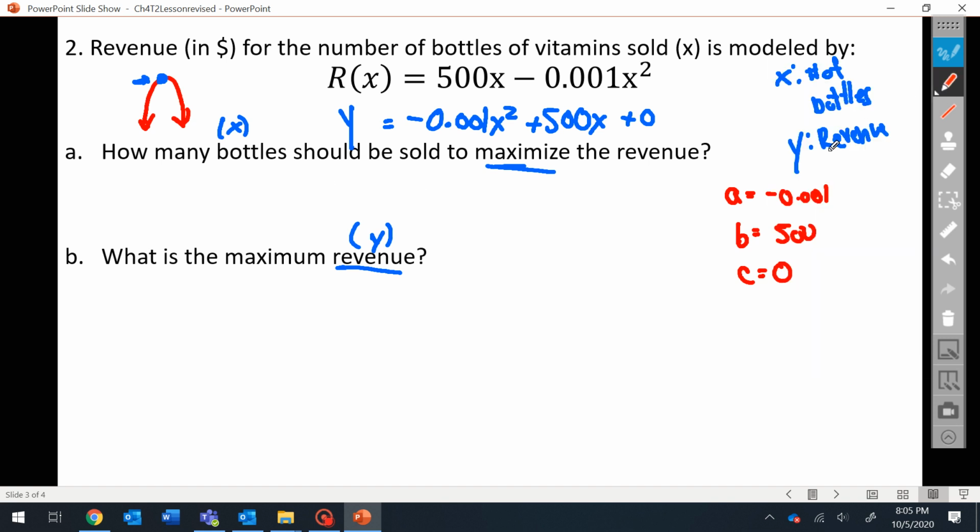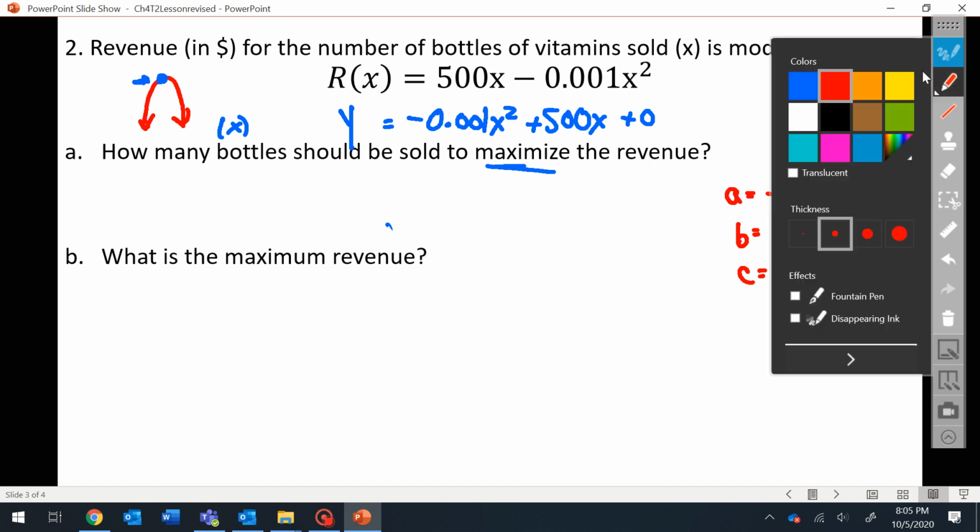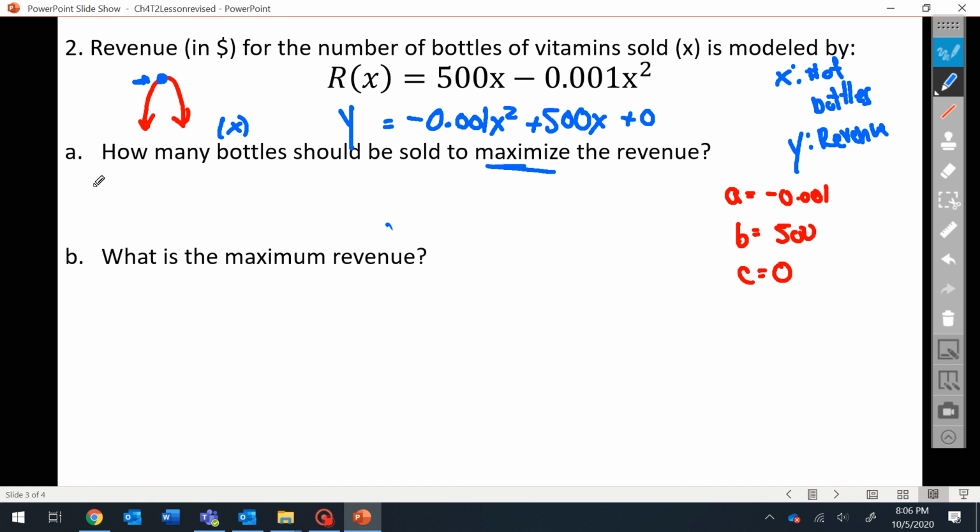All right, so let's first do the x-coordinate. For letter A, we're going to use the formula x equals negative b over 2a. So x is equal to negative b, b is 500, so negative 500 over 2a. a is negative 0.001, so that's going to be negative 0.002, because we're multiplying it by 2.